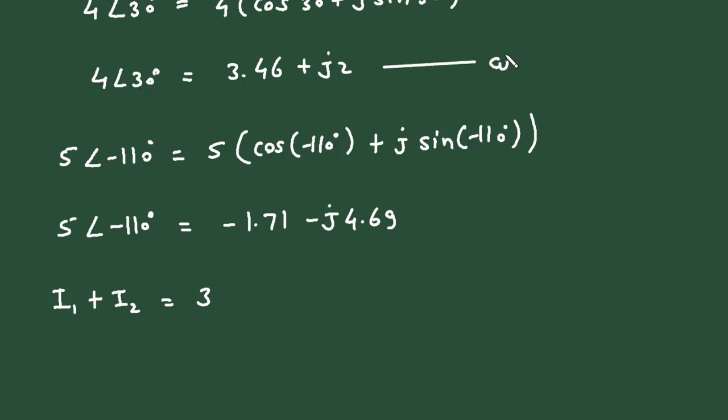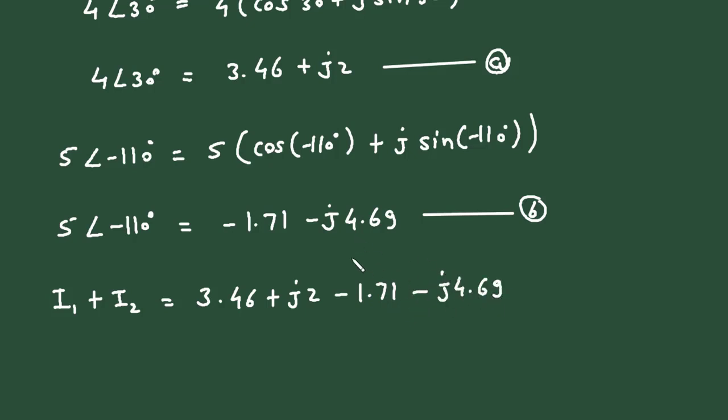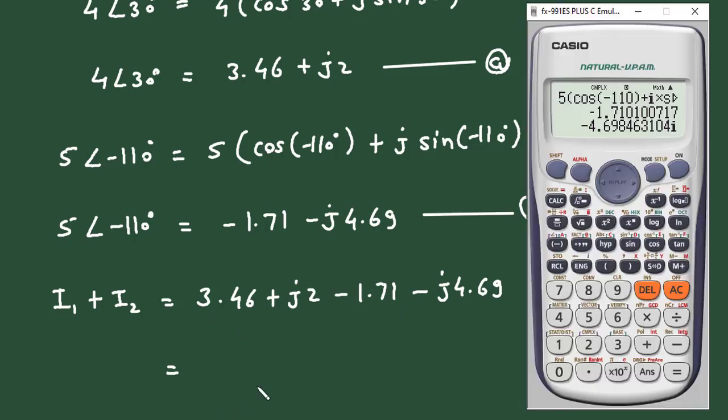Let's say this is equation A and this is equation B. So 3.46 plus j2, then we have to do the addition, but here it is minus, so directly we can substitute minus 1.71 minus j 4.69.